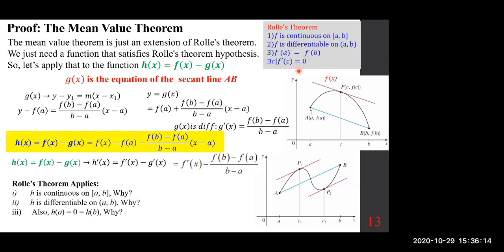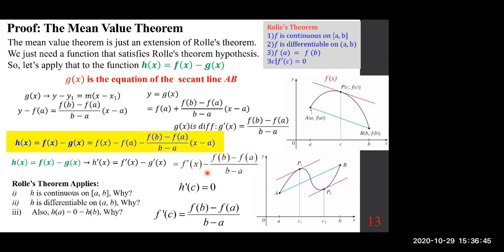is 0. Okay, so in this case, the function was h. H prime is 0, everybody. H is this. H prime is this. So if h prime is 0, that means f prime minus f of b minus f of a over b minus a is 0. That means f prime of x equals f of b minus f of a over b minus a, at some point c.